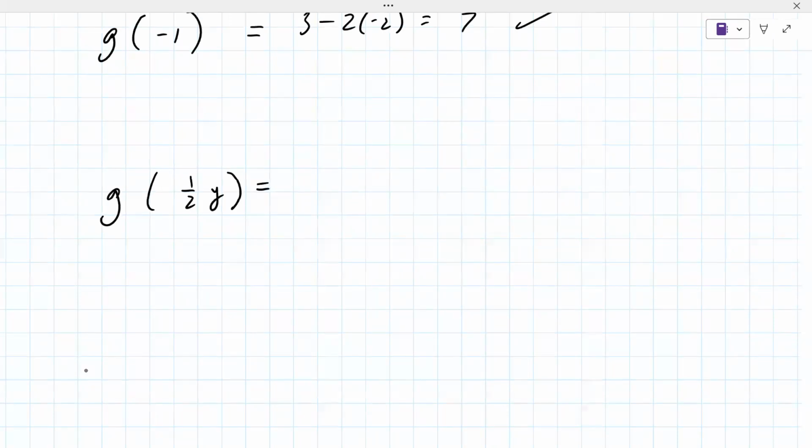All right, let's say g of 1/2 y equals 3y minus 4. What is g of 3/2 y minus 2?